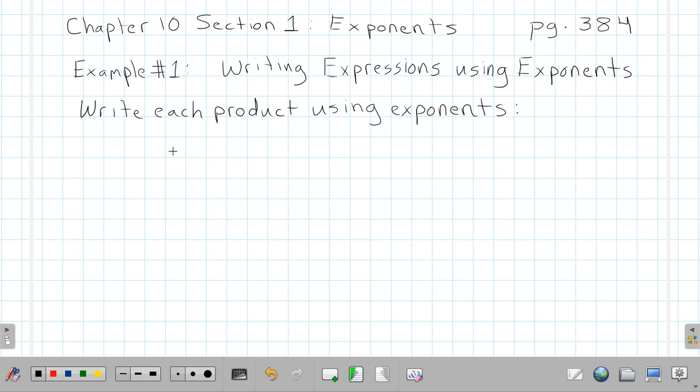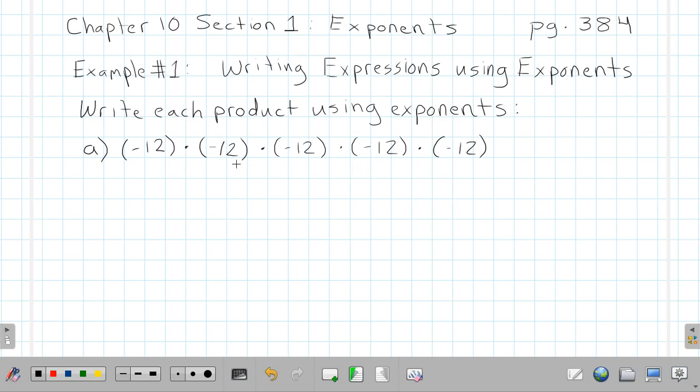So let's look at part A. With part A, we have negative 12 times, so that's what that little dot there means, negative 12 times negative 12 times negative 12.